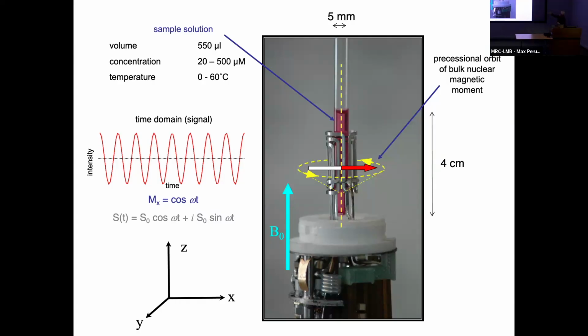So we give it a short pulse of energy that rotates that magnetic vector into the horizontal plane, and whilst in that condition, it rotates and it generates a small current in the receiver coil. That is the NMR signal that we see. It's an oscillating sinusoidal wave.